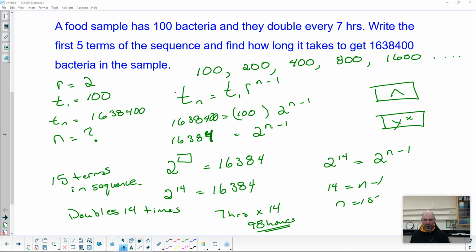Okay, so let's just summarize that one. That was finding an n value so that we knew how many doubles there were. And then when we got how many doubles there were, we answered the question. Okay, the second one that we're going to do, we already did finding an n value. So maybe finding a T1 value or something like that.